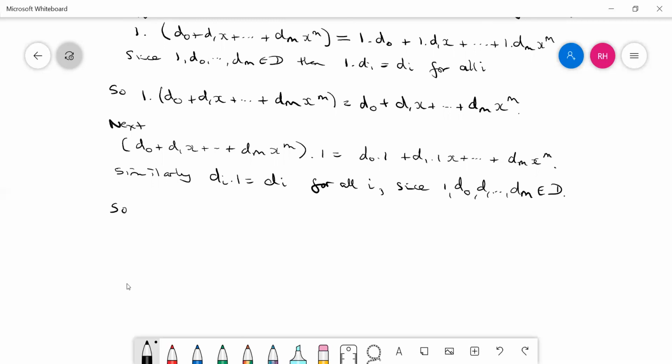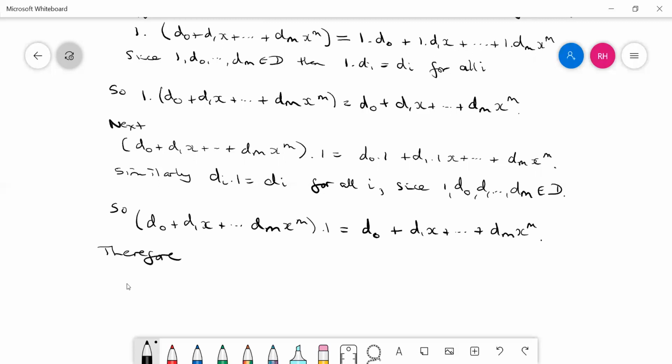So what we're saying is that d0 plus d1x plus dm x to the m, times 1, is just equal to d0 from what I just wrote in the last line, by that logic. By the logic of the previous line, this is just d1x, and same for this. So I'll just put a summary here, although I could just say that completes the proof.